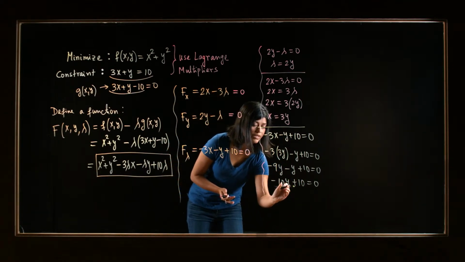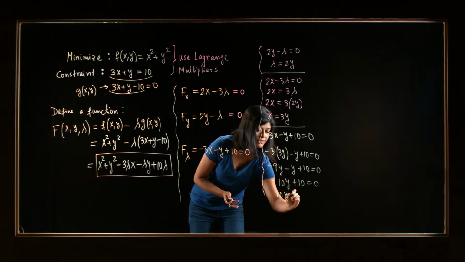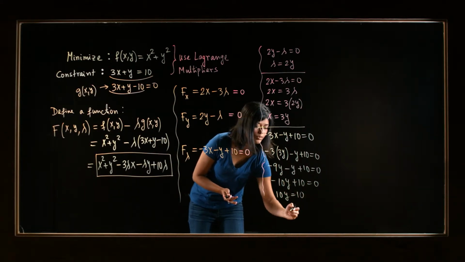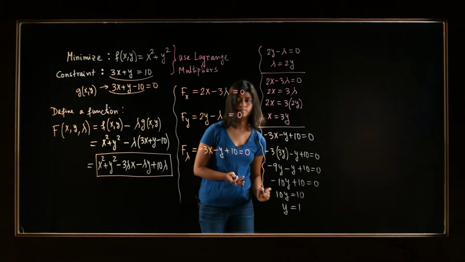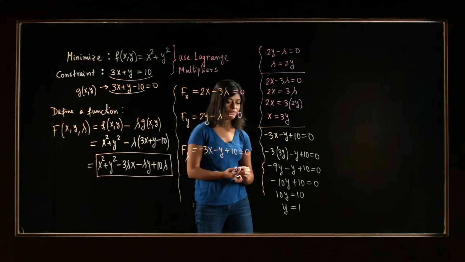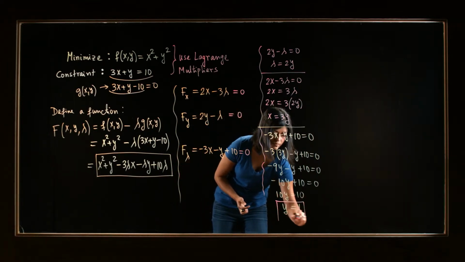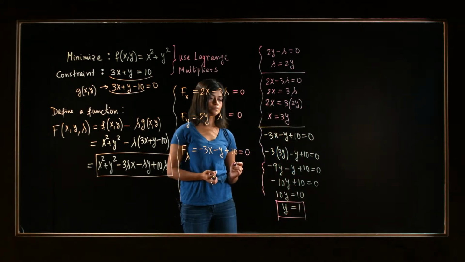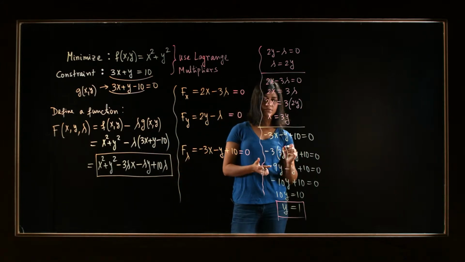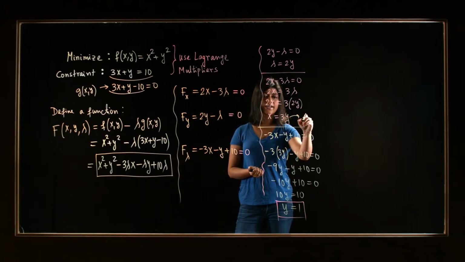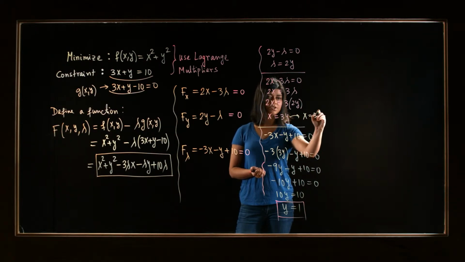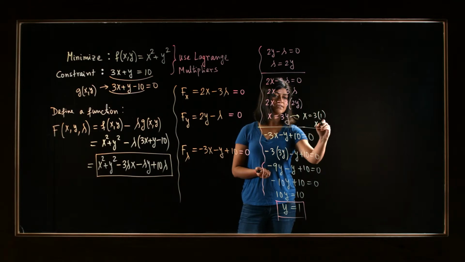So you can take the negative 10y on the other side. So we get 10y is equal to 10. Divide by 10 both sides. We get y equal to 1. So we got one of the variables. Now since y is 1, you come back up here and you plug in 1 and you get x. So x is equal to 3 times 1, which means that x is 3.